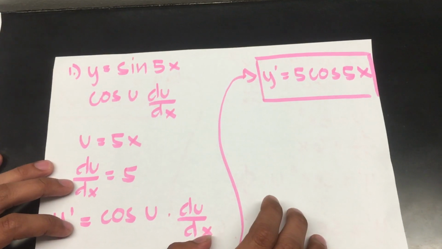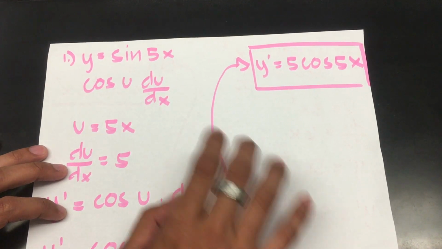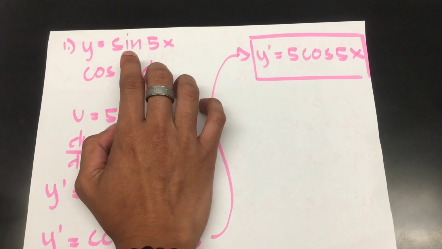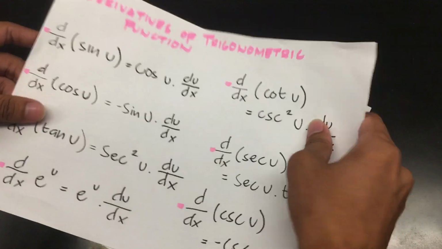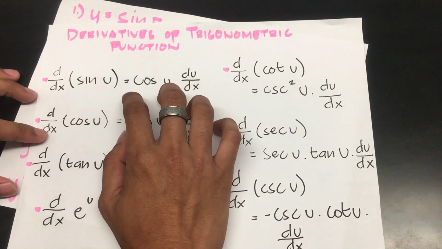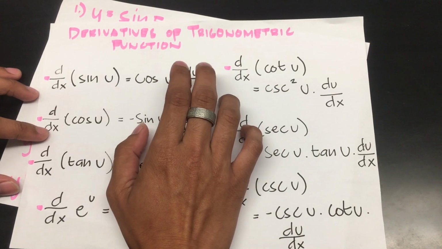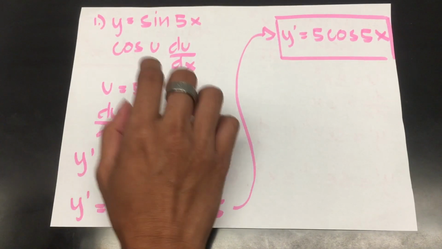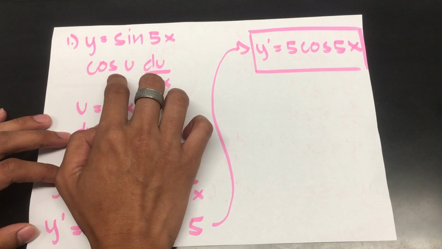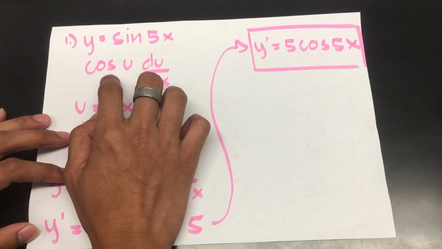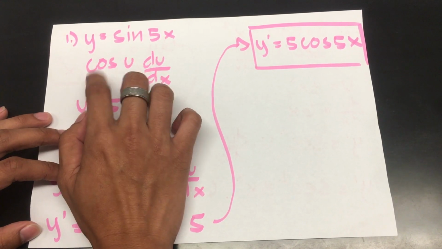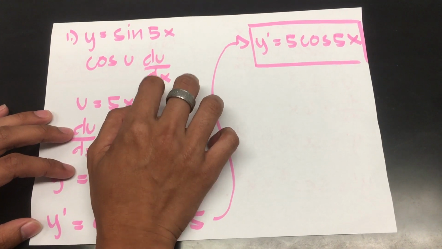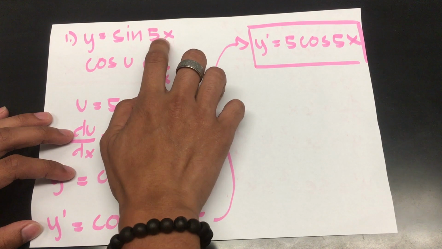So in the equation y is equal to sine 5x, we're going to determine first what the derivative of sine is. As shown in this table, the derivative of sine u is cos u times du/dx. So here we write cos u du/dx. The du/dx is the derivative of 5x.